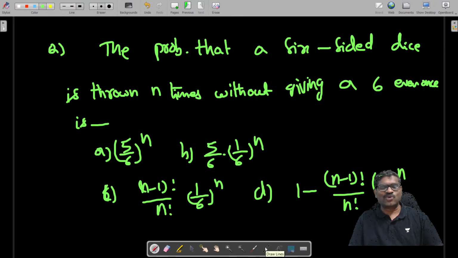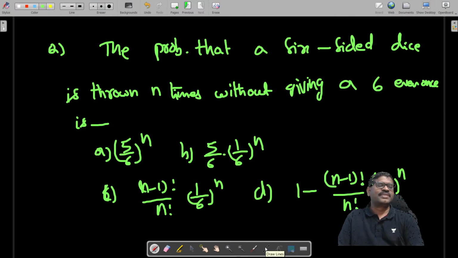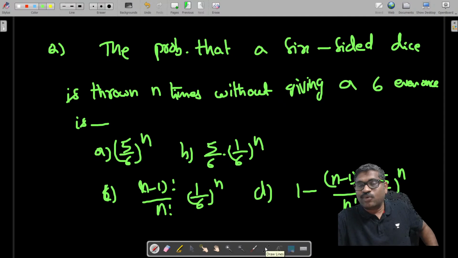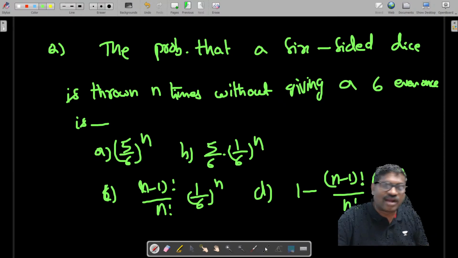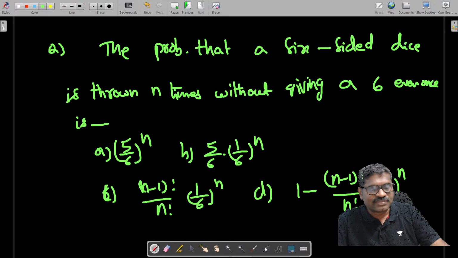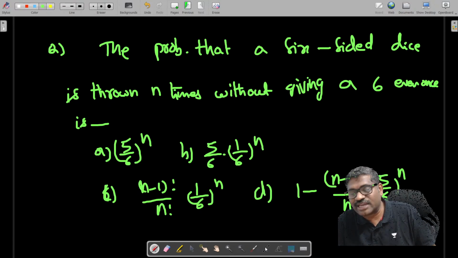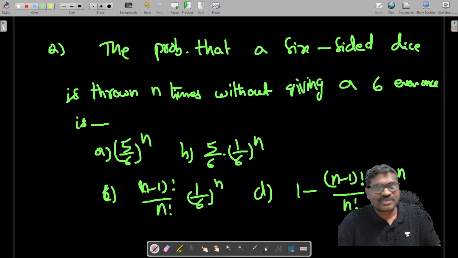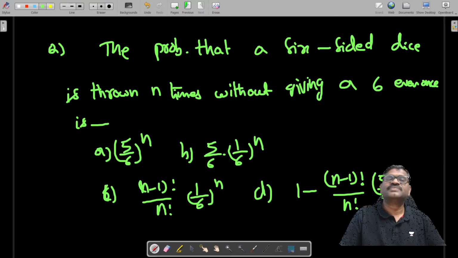See, one dice is rolled n times. What is the probability of not getting 6 even once? All n times you should not get 6; you have to get another number. First time, second time and nth time, not getting number 6. It is a die throwing experiment.